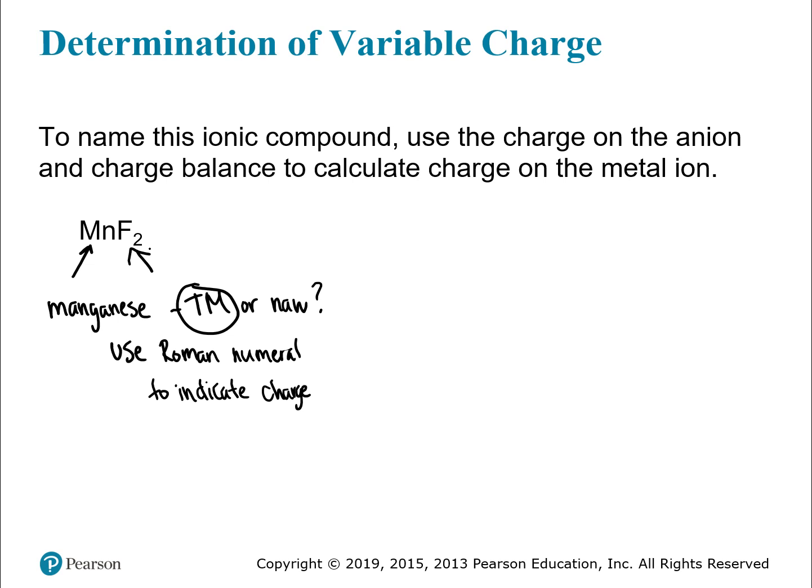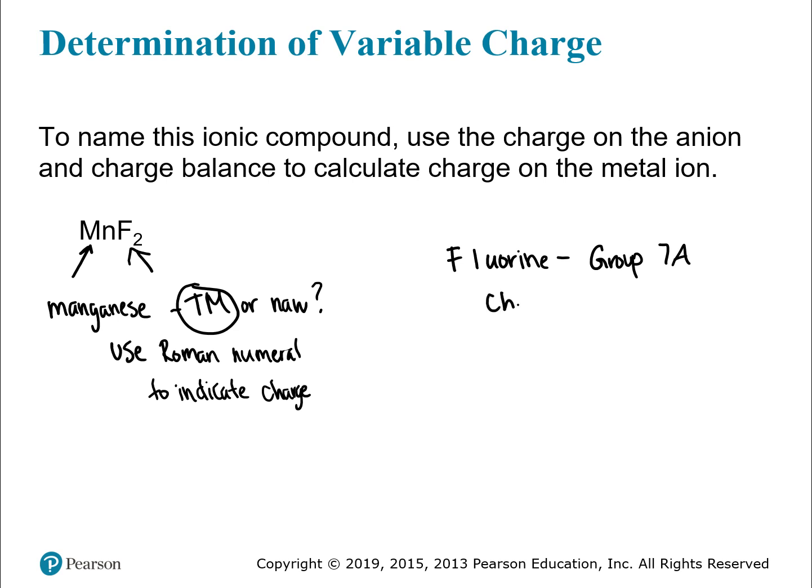Here we have fluorine. That's what F is. So fluorine is a nonmetal, and it's in group 7A.